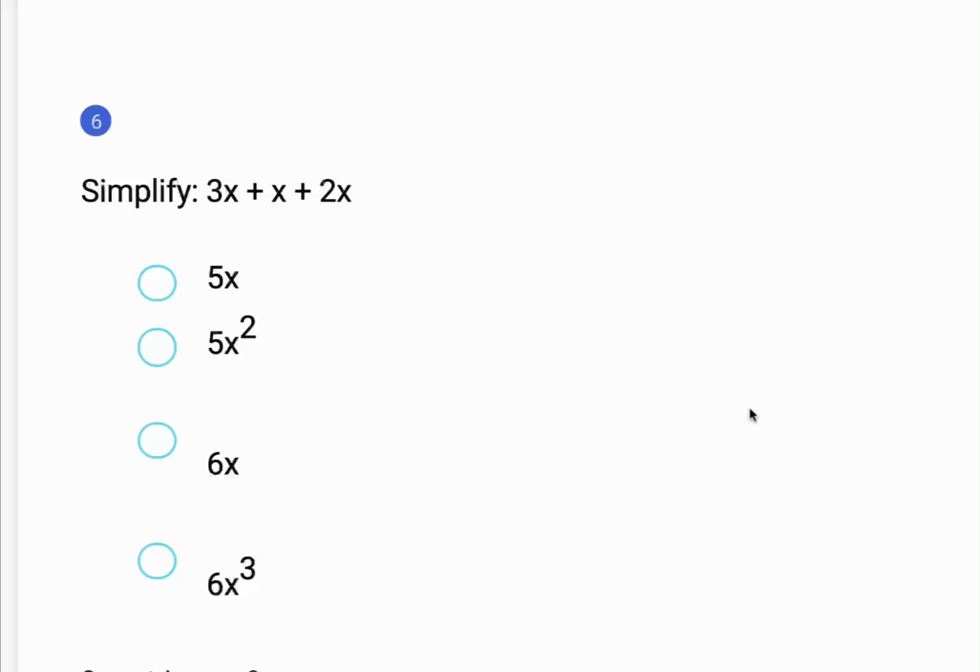Yes. Okay, Muhammad, in this question we need to simplify 3x plus x plus 2x. These three terms, do we have like terms? Yes. Of course. Which terms are like?